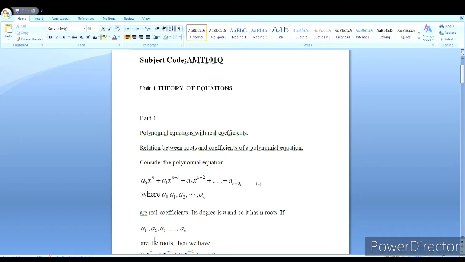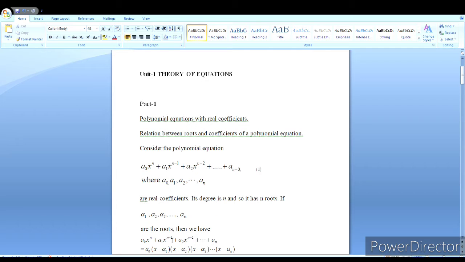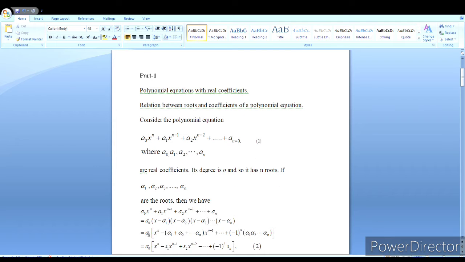If alpha 1, alpha 2, alpha 3, etc., alpha n are the roots, then we have a0 x power n plus a1 x power n minus 1 plus a2 x power n minus 2 plus etc. plus an equal to a0 into the factors x minus alpha 1 into x minus alpha 2, x minus alpha 3, etc., x minus alpha n.